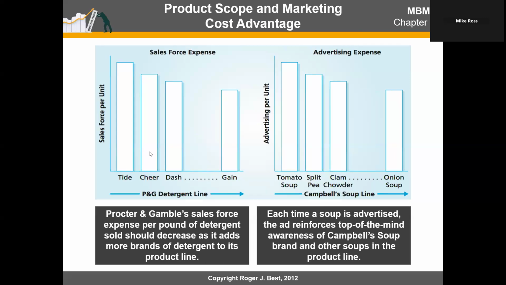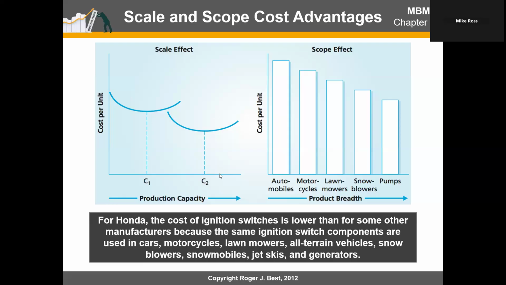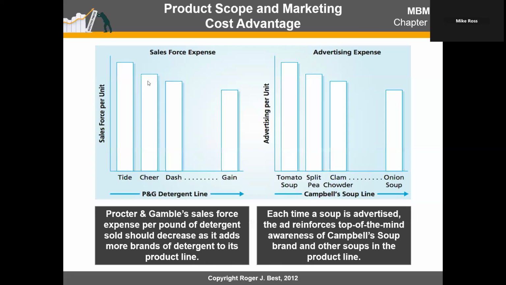We can appreciate this notion of scale effect and scope effect in sales force expense. If I am a salesperson for Procter and Gamble selling multiple brands, I am addressing more market segments and my per unit sales force cost goes down.